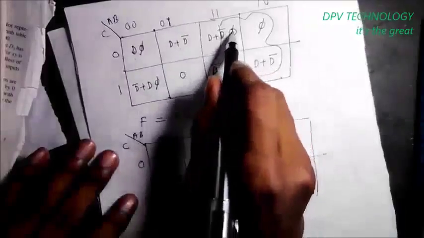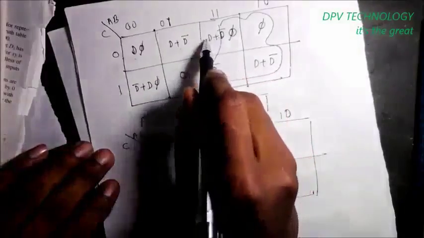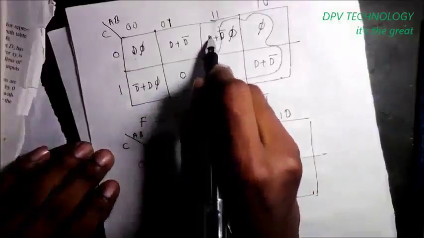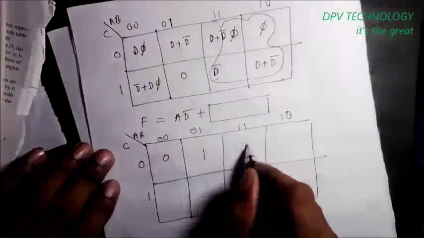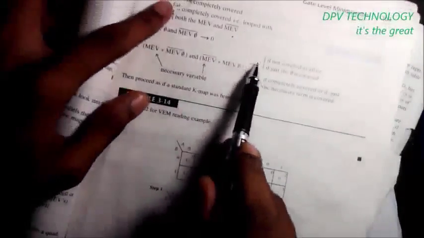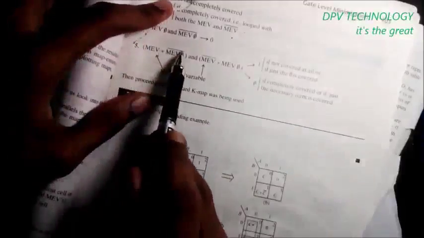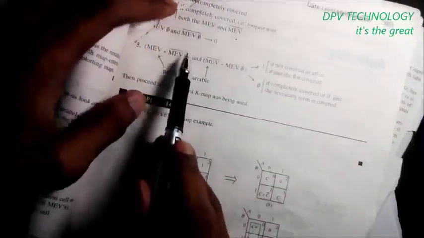Here the don't care term is covered, not the necessary term. It is the necessary term here, but it is not covered, so it will become 1. Here it is MEV or MEV bar don't care, it will become 1 if not covered at all, or if just don't care is covered. Here don't care is covered, so it will become 1.